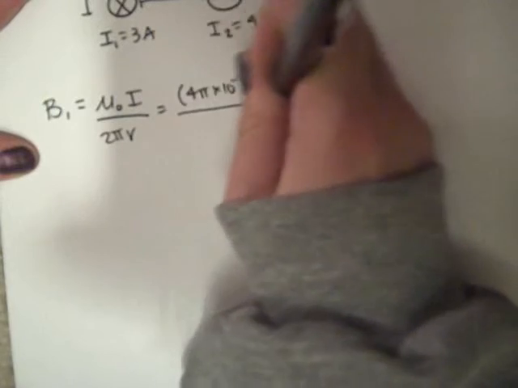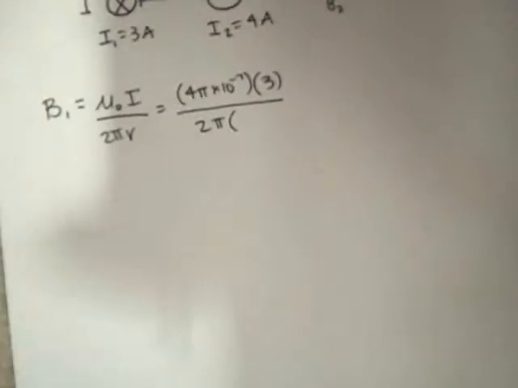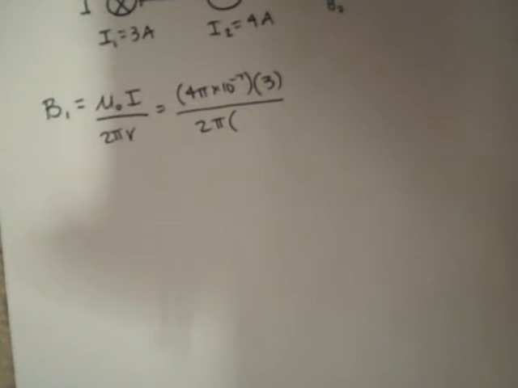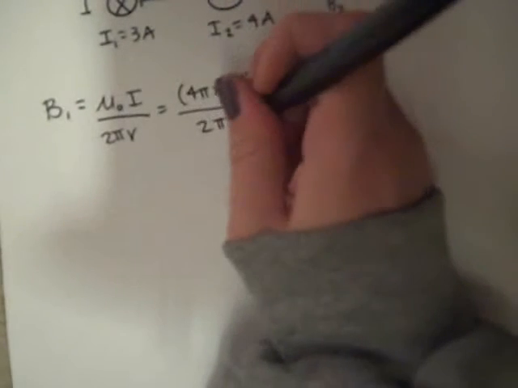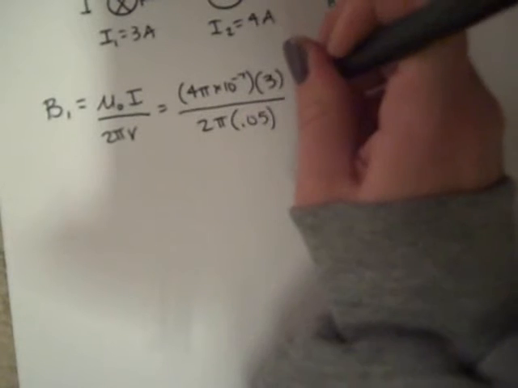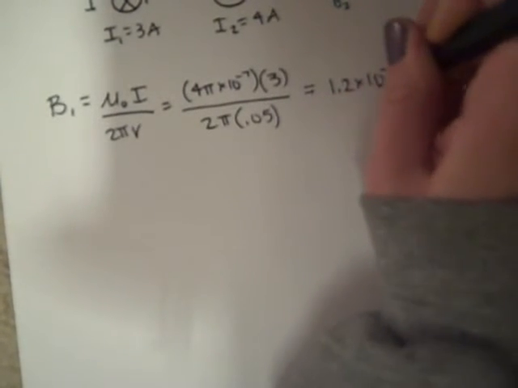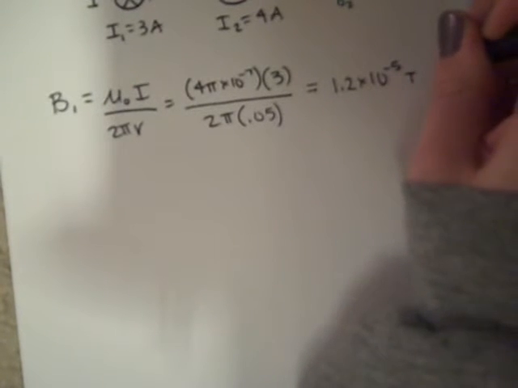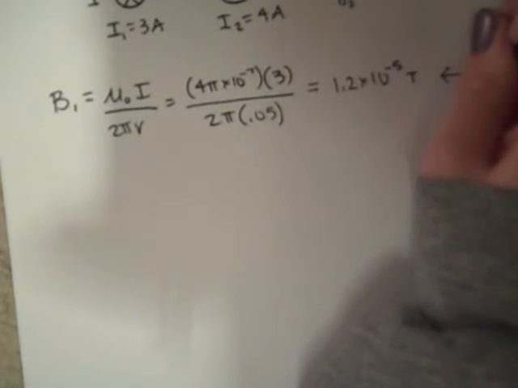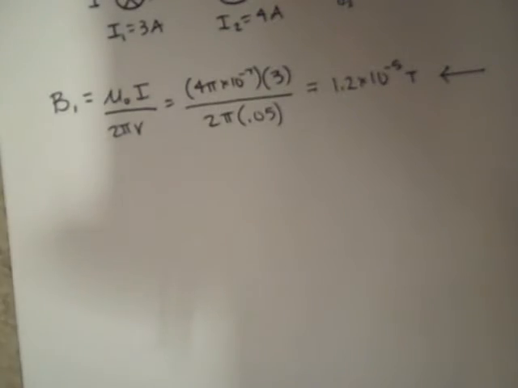I1 is 3, divided by 2 pi times the distance between the one wire and point P, which is 0.05 meters. And what you get is 1.2 times 10 to the negative 5th Tesla. And I'm going to say that's to the left, or in the negative x direction.